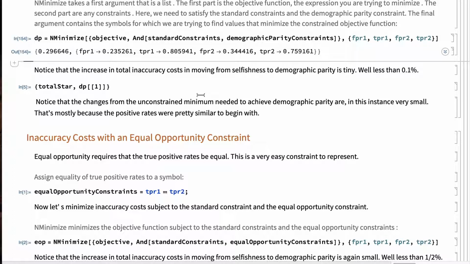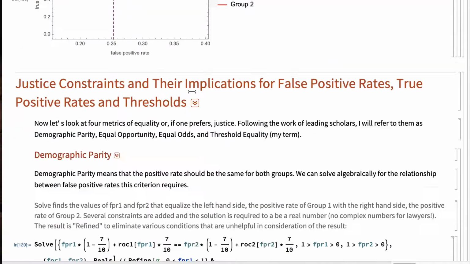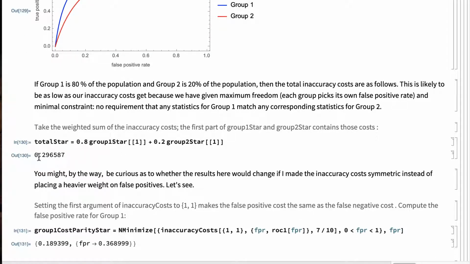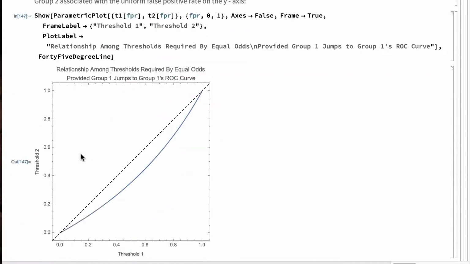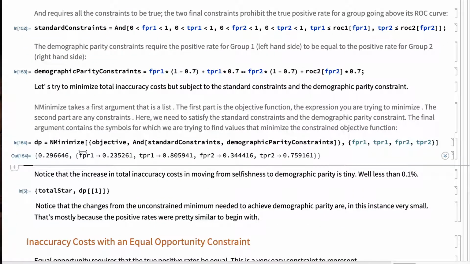And we did it. All right. So if we look at this number, 0.296646, and we hearken all the way back to when we computed the unconstrained accuracy, it was 0.296587. And so what we're seeing is that imposing this constraint of demographic parity in this particular instance didn't change the total inaccuracy costs very much.